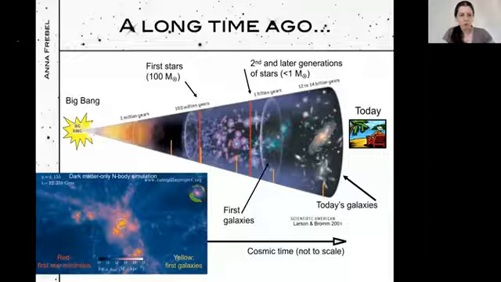I want you to look for the red dots and the yellow dots, the sites of the first stars and the first galaxies, and how they come together to eventually make it, or many of those make it, into the Milky Way. And these are the little dwarf galaxies that we are trying to catch and then study.